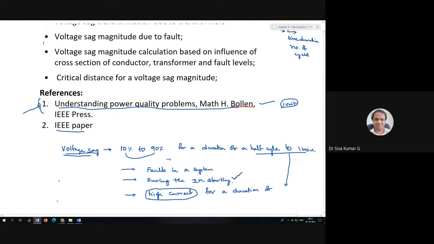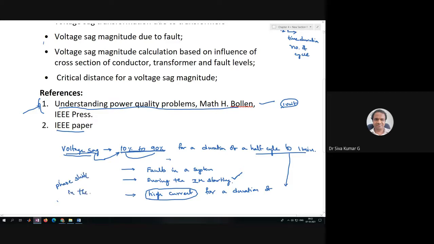See, I defined here only the magnitude reduction. When you are having a voltage sag, apart from this magnitude reduction, there is a phase shift in the voltage.